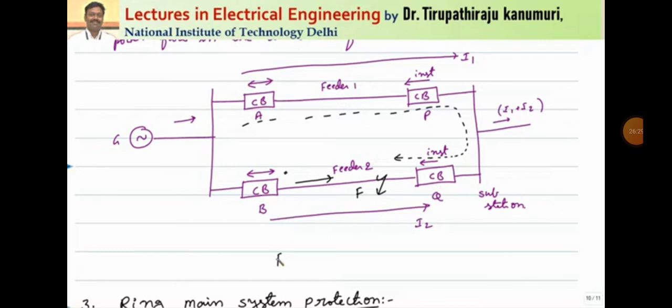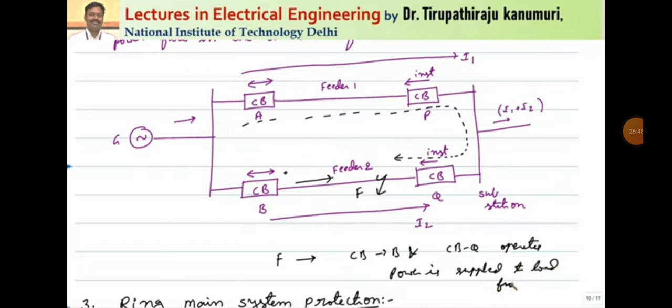That means for the fault F, what will happen? The circuit breaker at B and the circuit breaker at Q operate, and power will be supplied to the load from feeder 1.